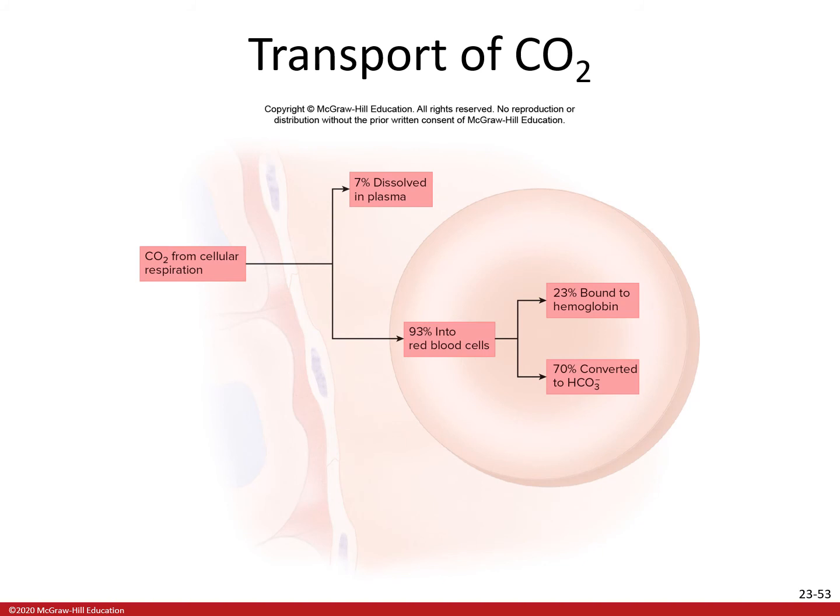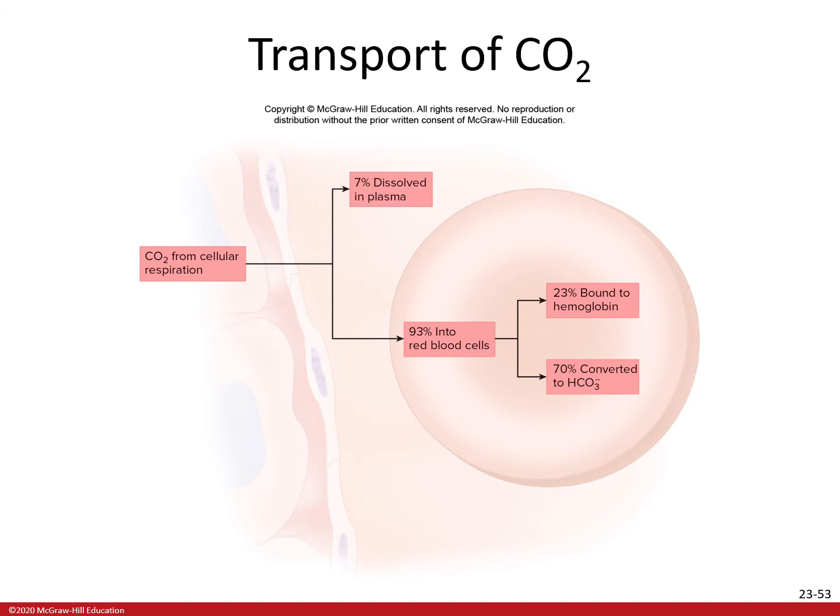So in this illustration, it's just showing you, from the start of cellular respiration producing carbon dioxide as a byproduct, the process of how transportation of carbon dioxide can go. The first little bit you see is 7% dissolved in plasma, so that's just out in the plasma.